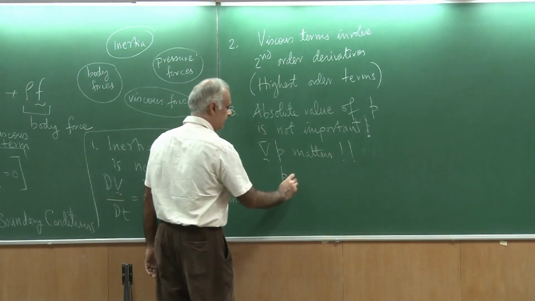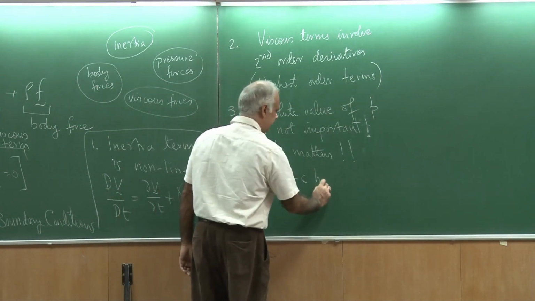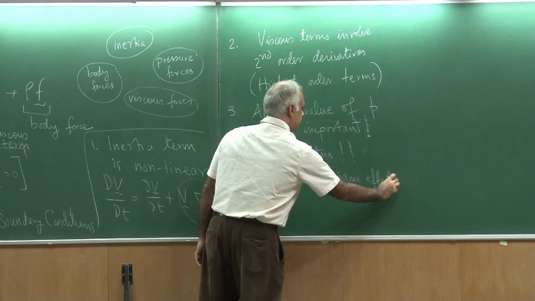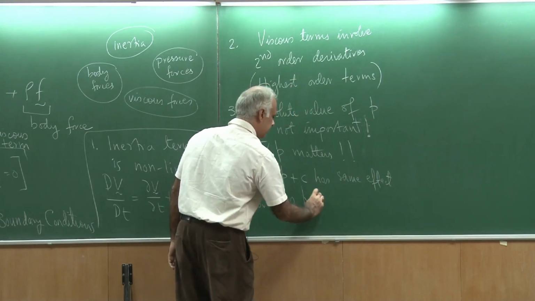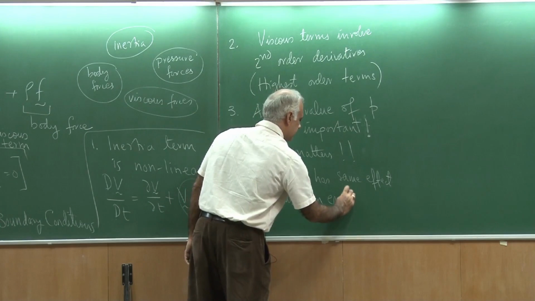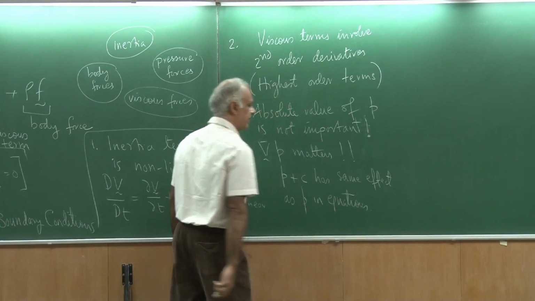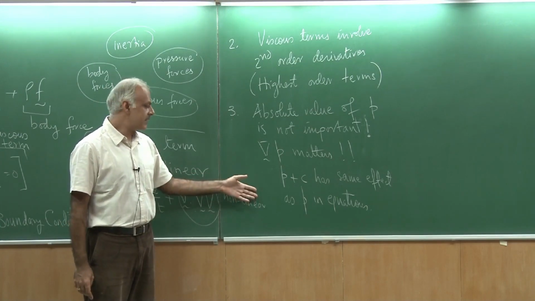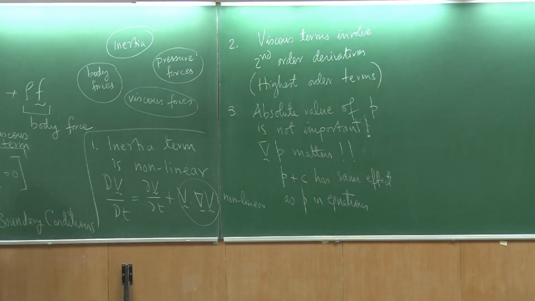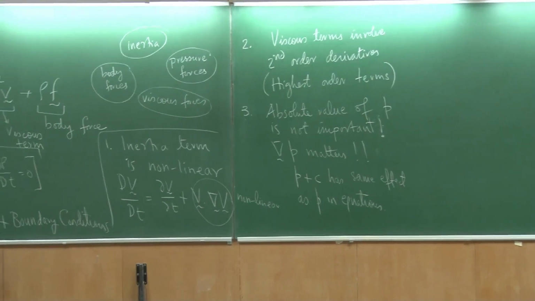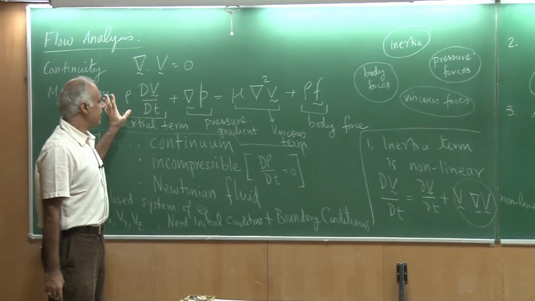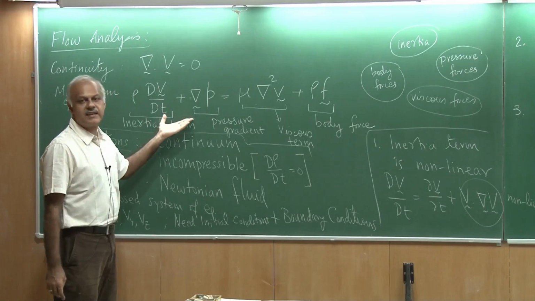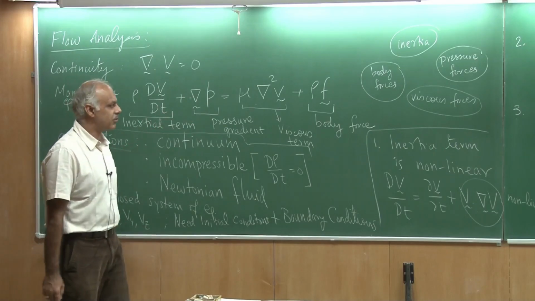So P plus C has the same effect as P in the equations, right. So if I change the base pressure somewhere, okay, it doesn't really change the equations as such. Okay, it may change the boundary conditions as we will see, but it makes no difference to this equation. This equation only looks at the gradient of pressure. Okay, so that's an important observation.